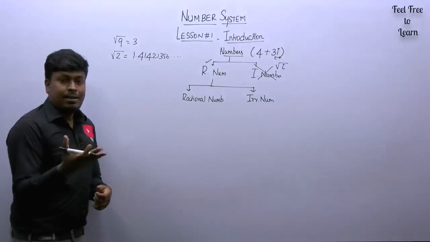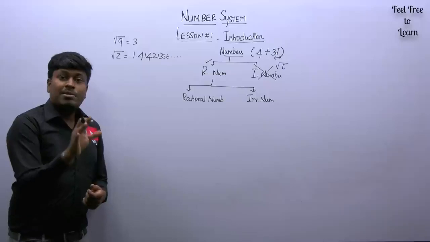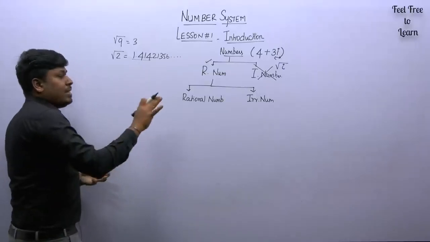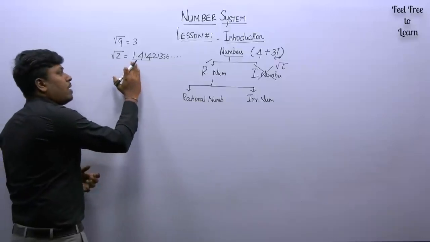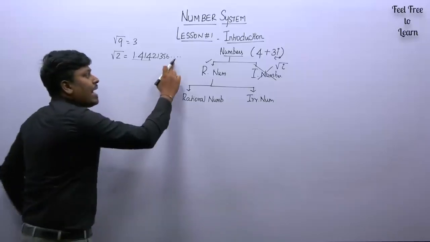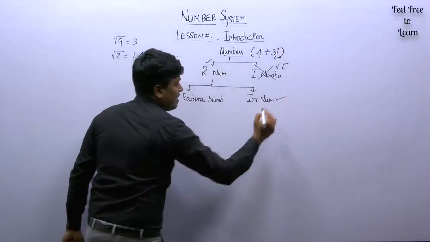When you look at the calculator, check what the square root of 2 is. We have learned only 1.414. But actually the square root of 2 is 1.41421356, it goes on. It does not have any end. So these cases are called irrational numbers.